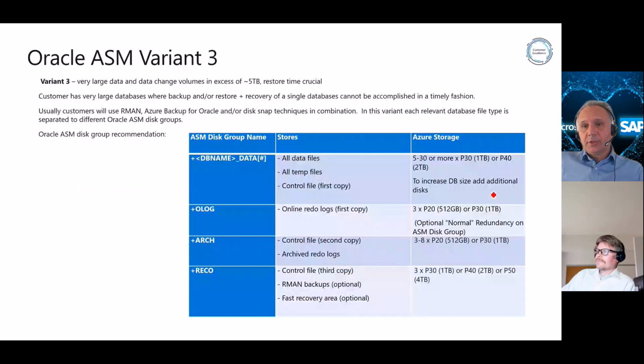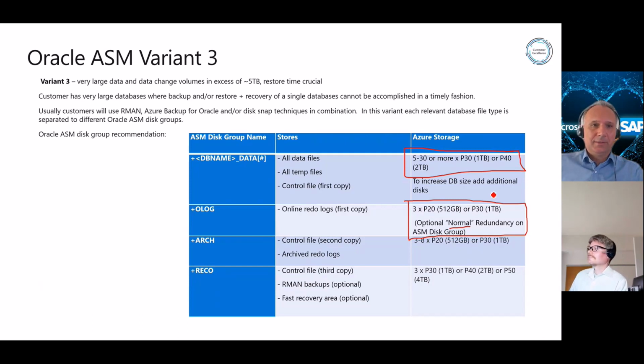And these are questions customers and partners are asking. How can I size it? What disk types could be used, depending on the database size? What should I use for data, log, archive? So this gives a guide.